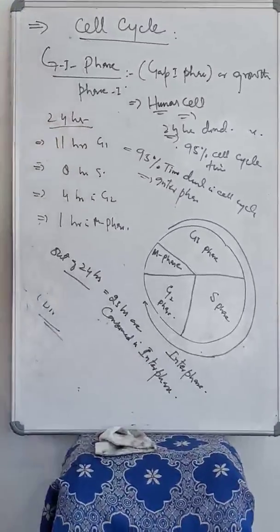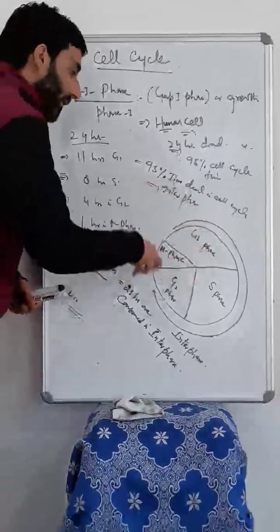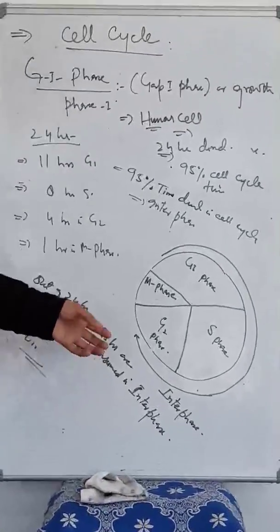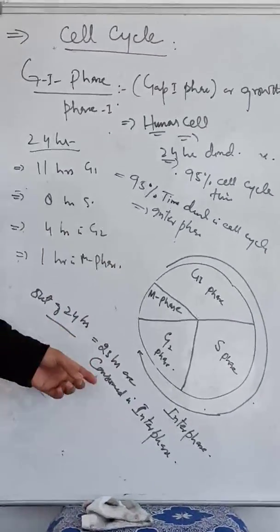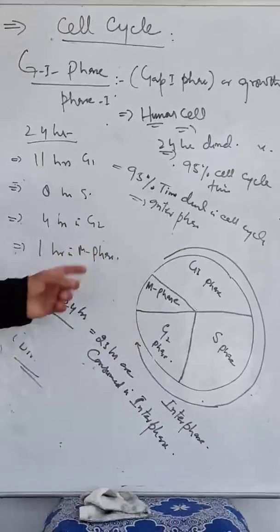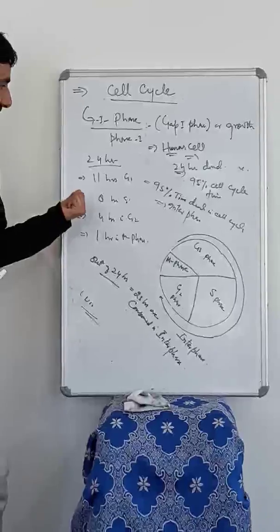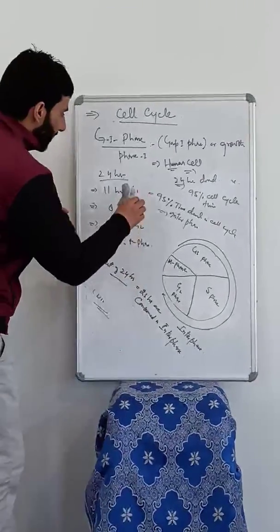You can now guess it's a very important phase, the interphase. Most of the time of the cell cycle is consumed in the interphase because it has to make the preparations.